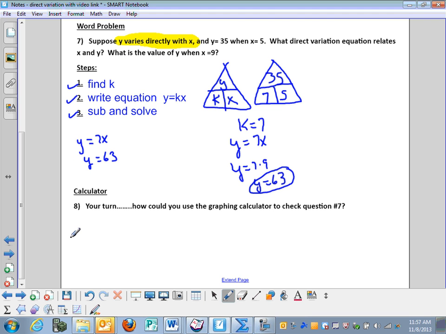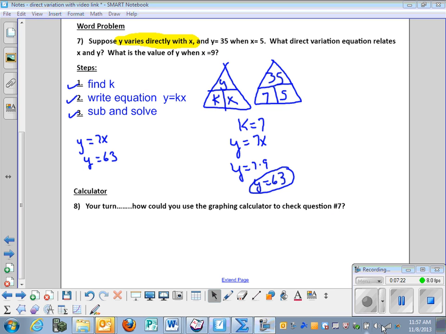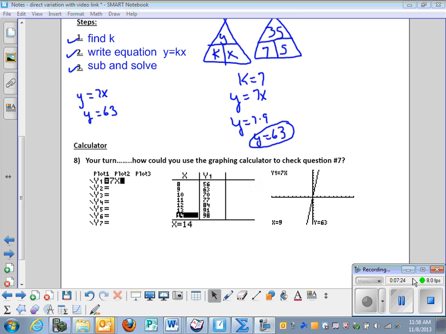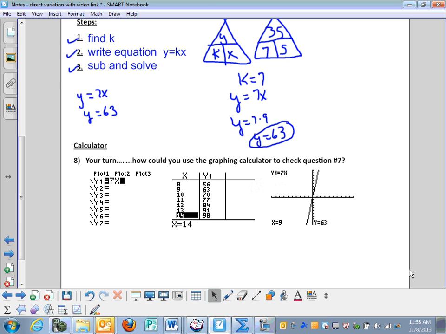So number 8 is your turn. How could you use the graphing calculator to check number 7? So one way you could check number 7 is I would take my graphing calculator and go into y equals and type in y equals 7x, my equation.